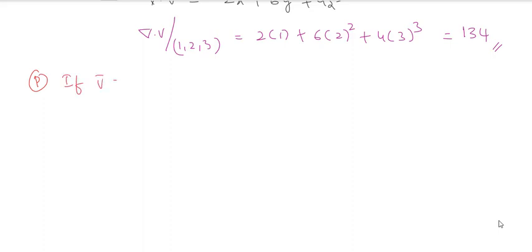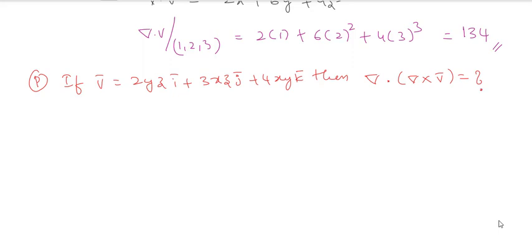If V bar is equivalent to 2yz i bar plus 3xz j bar plus 4xy k bar, then del dot del cross V bar is what? Directly, del dot del cross V bar is equivalent to 0, from the vector identity.